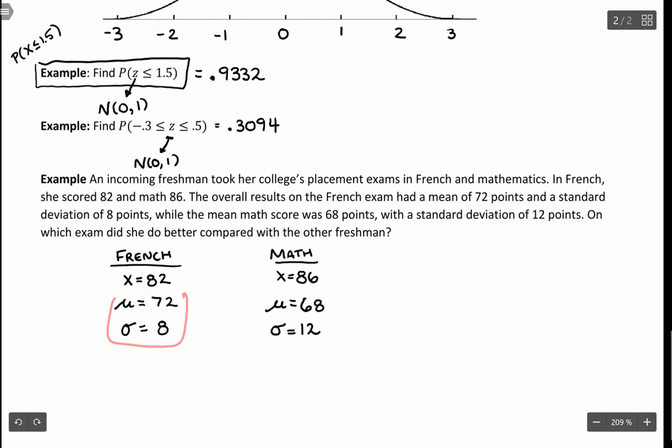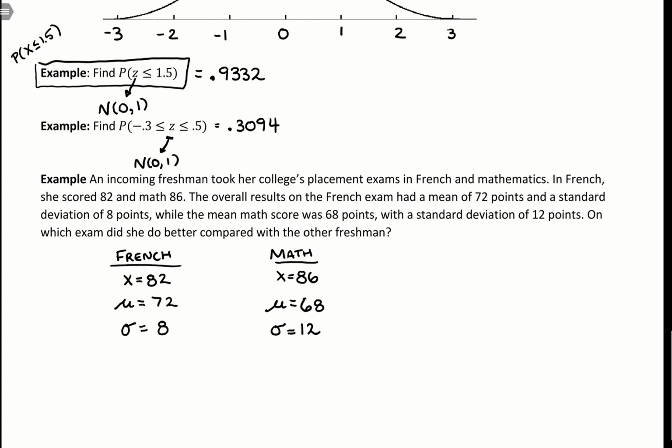So that gives us an idea of how the other students are doing, and when we see this 82, we want to compare it to that. Same thing with the 86, they expect a lower score of 68, but there's a lot of spread to it with the standard deviation of 12. So we don't really know if that 86 is very far away or close by to what's expected.